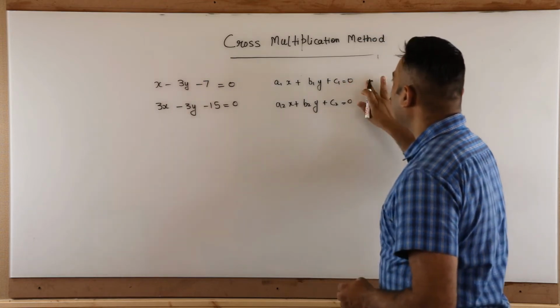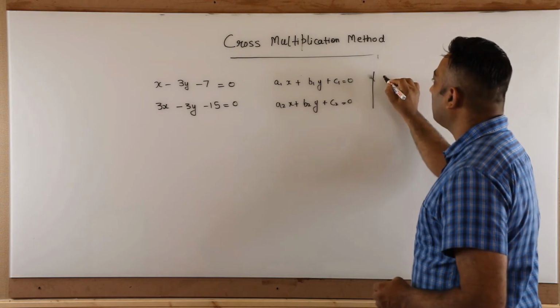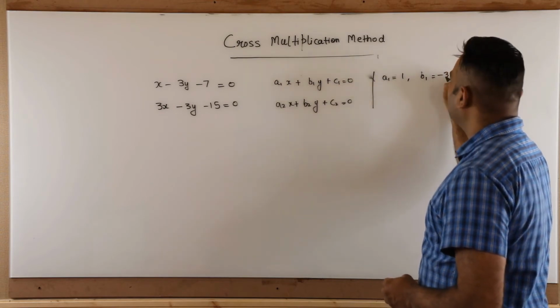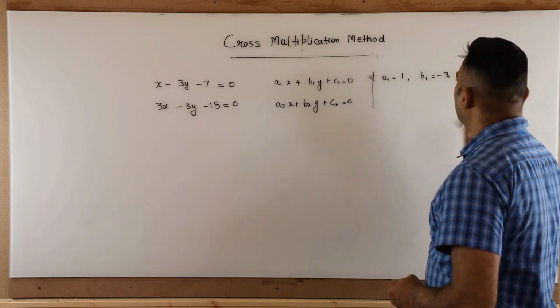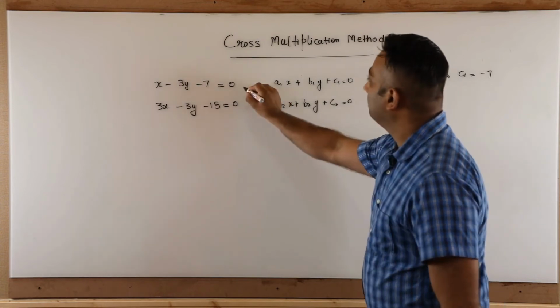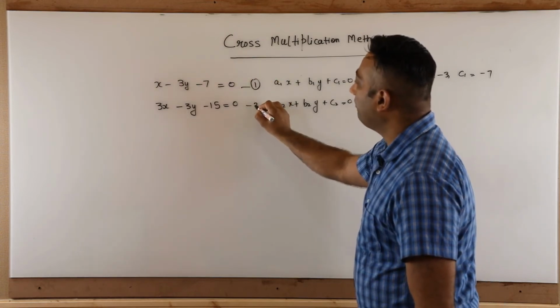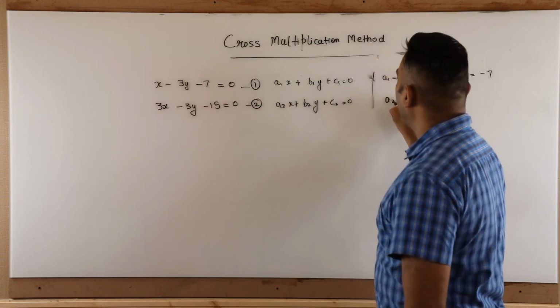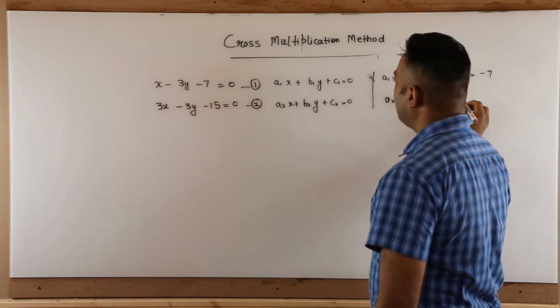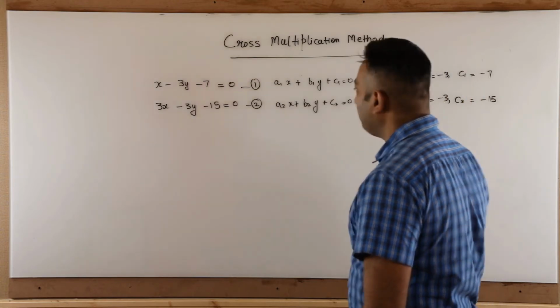And we can easily say that the coefficients are a1 equal to 1, b1 equal to minus 3 and c1 equal to minus 7. And comparing the second equation with the standard form, we get a2 equal to 3, b2 equal to minus 3 and c2 equal to minus 15.